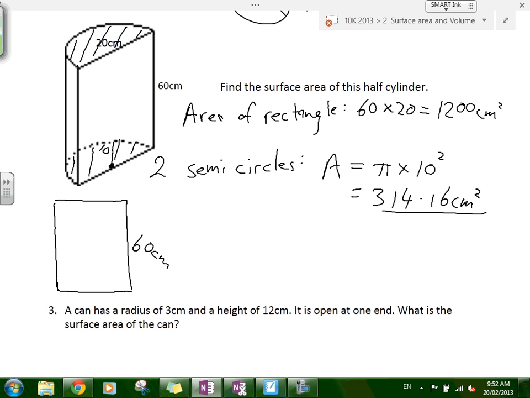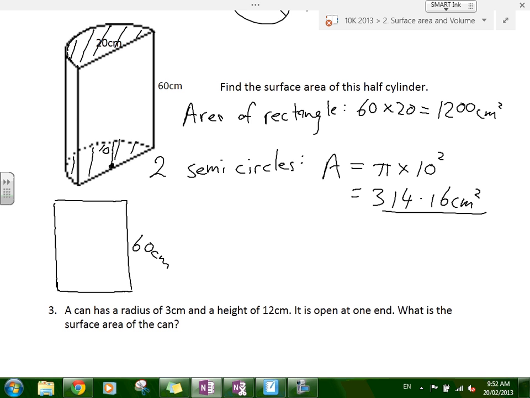So this is a semicircular circumference, if you like. Full circle is 2 pi r. So how do I work out what a semicircular arc is? What do I do? Pi r, yeah, because it's 2 pi r divided by 2.